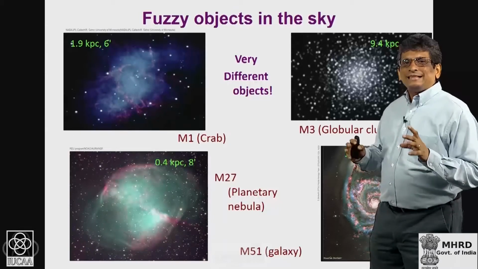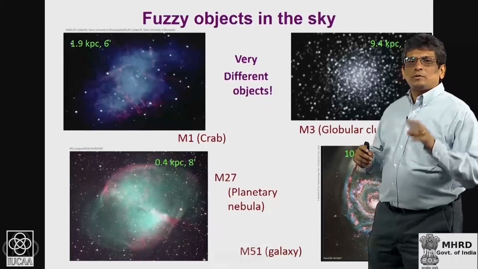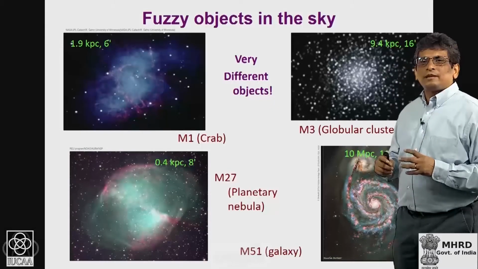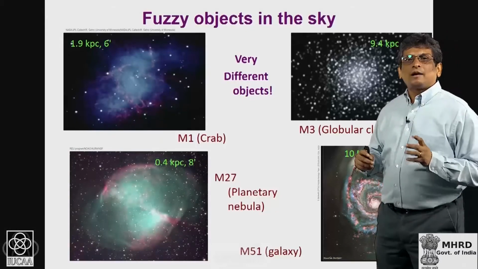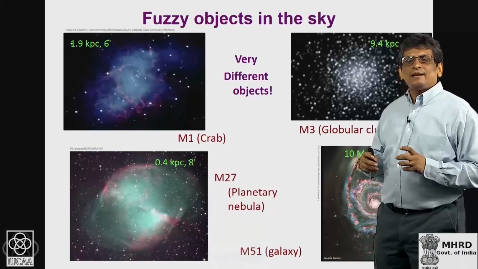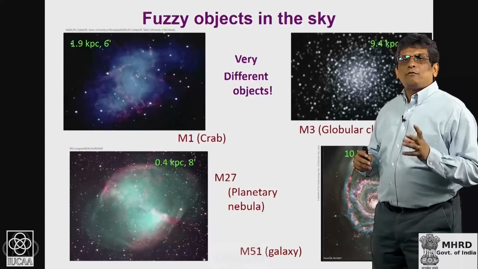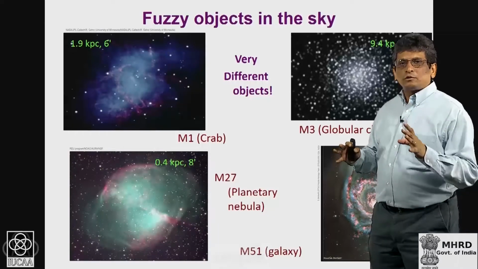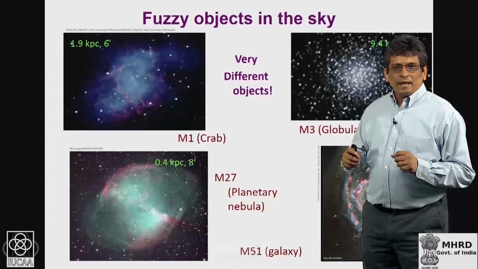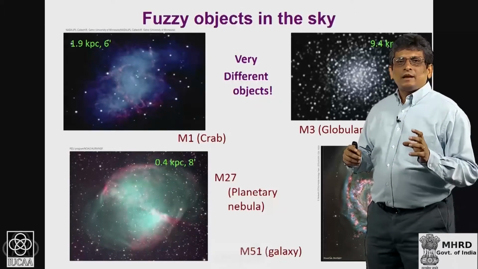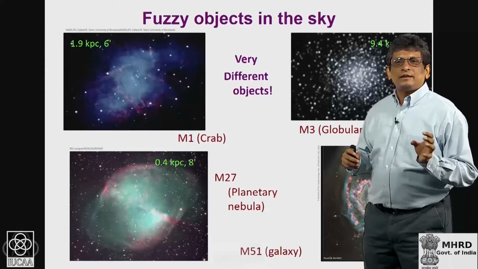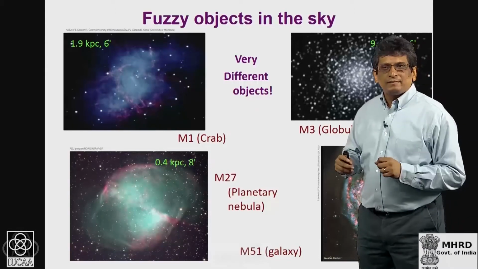So, when these nebulous objects were being catalogued, and here is one catalogue that a lot of people use, a catalogue compiled by Charles Messier. I have taken 4 of these objects from this catalogue of things that are not point objects, and I put it here to show you from modern pictures how different these things can be.